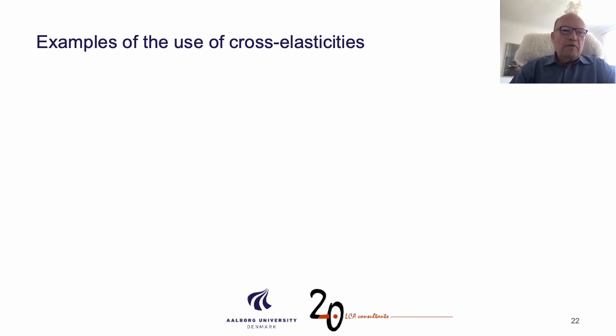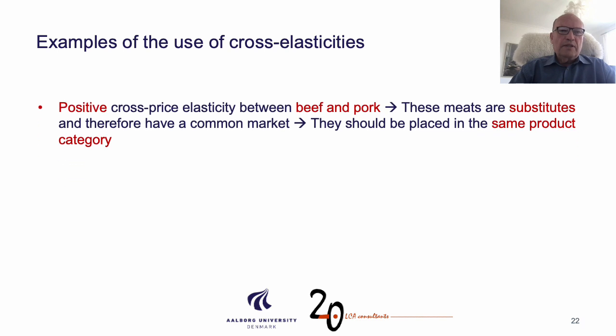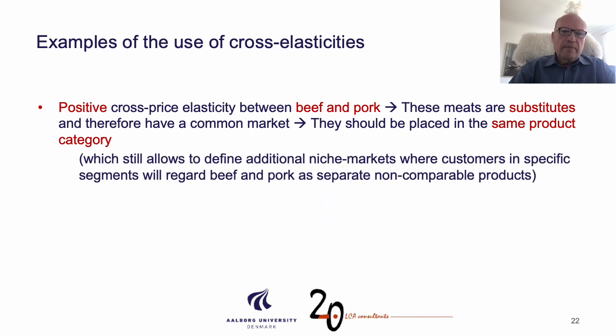An example of the use of cross-elasticities: if we look at the positive cross-price elasticity, we can find the example with beef and pork. These meats are identified as substitutes because they have a positive cross-price elasticity and therefore a common market. That means that they should actually be placed in the same product category.